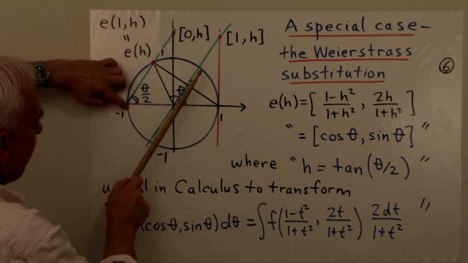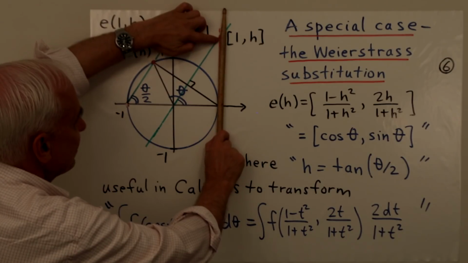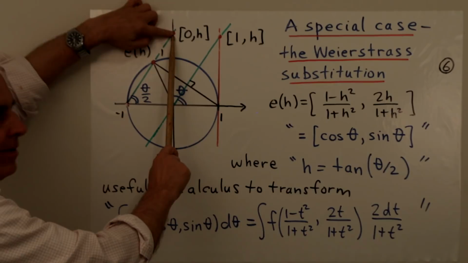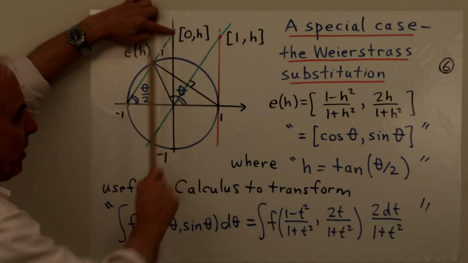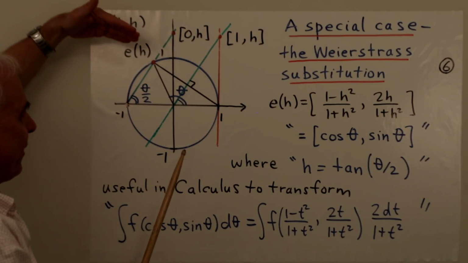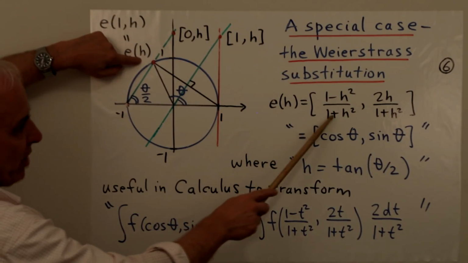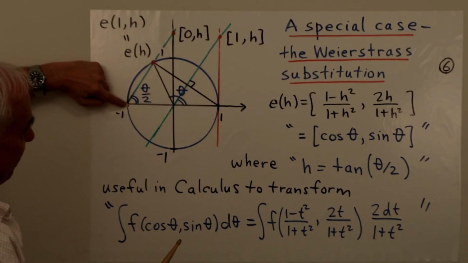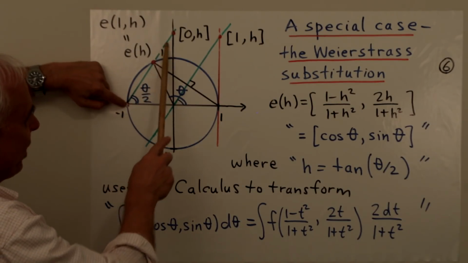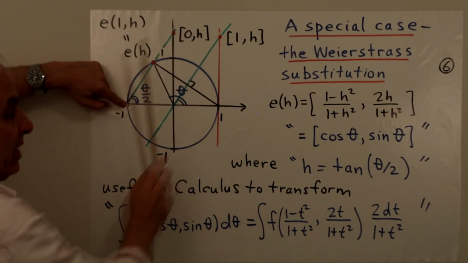This is just 1 over. So that means that where this line meets this line and where this line meets this line, it's just going to be 1 over. It means that this point here is going to be (0,h). So that's simply reinforcing what we already know, that this point E of h with rational parameterization can be obtained from the point (-1,0) by drawing a line to where it meets the point on the y-axis with coordinate h.